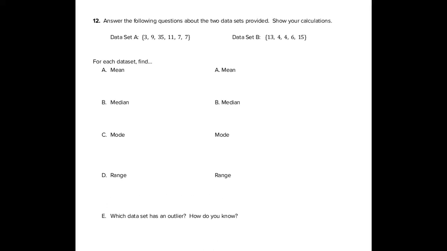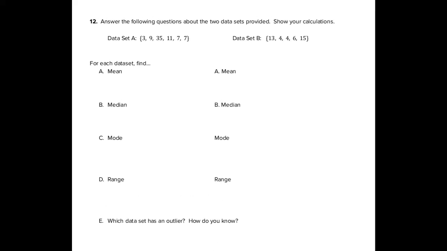We'll do our best. So number 12, we have data set A and data set B. Well, let's do that in a different color. We have to find the mean for both of those. Can anybody give me a one-word synonym, a similar word for mean?